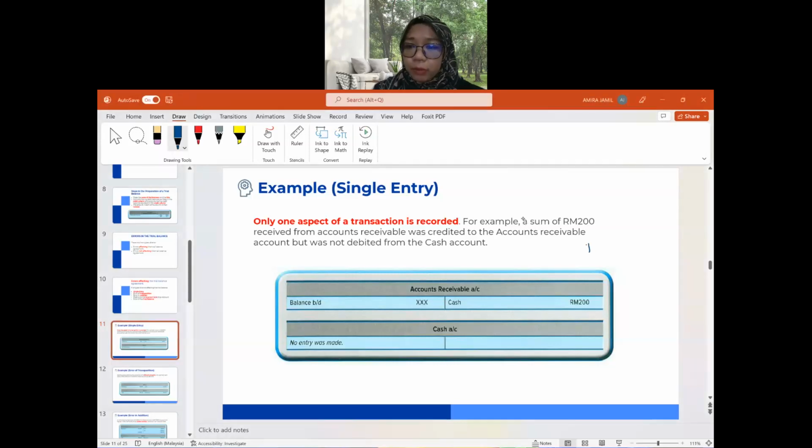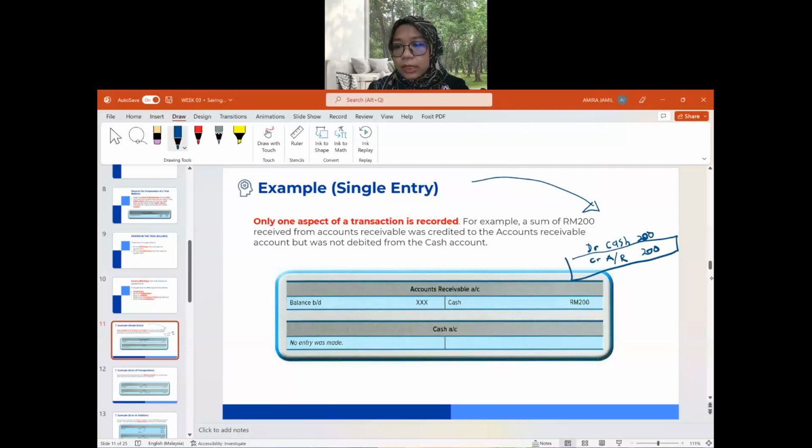When we receive payment from the account receivable, we should record it as debit cash 200, and then credit account receivable 200. But an error of single entry is that you just record this side and forget to record the other side.